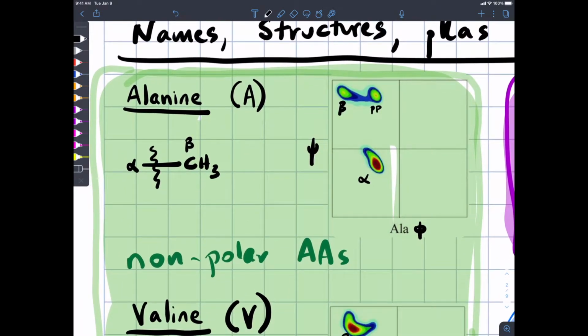So it's a fairly decent go-to amino acid. When protein chemists want to determine whether a side chain is important or not, they will often replace it with alanine, which is just a methyl group, with the idea that alanine's happy most anywhere. So if you want to see what difference, say, a positive charge side chain makes, you swap it out with this neutral, innocuous bystander amino acid to see what the major effect is.